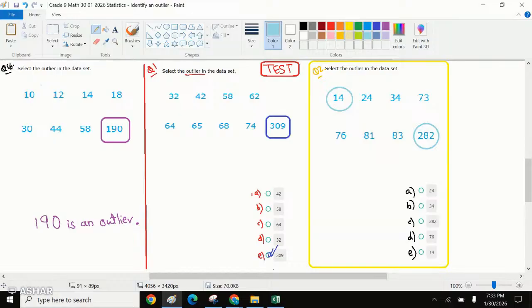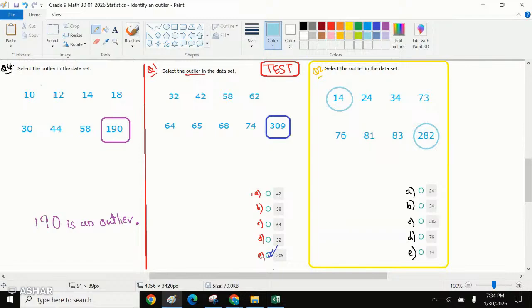So either one of these has to be the outlier. Which of these two numbers has the maximum gap to its next number? C. Yes, your answer is correct. How did we reach there? Thank you for the answer. The difference between 14 and 24 was just 10, but the difference between 83 and 282 was 199.